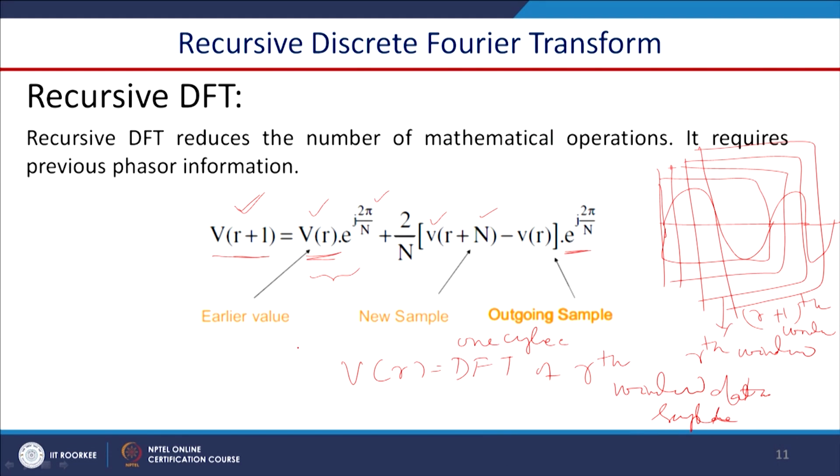And what about the second term? We have two terms. The first term is basically the DFT of the previous window, and the second term is the difference between the new sample and the outgoing sample. This is the magnitude part of this particular sample and this is the angle part. We have to multiply the angle also. Now, what is the new sample in this case?